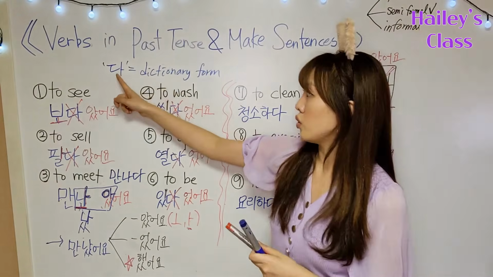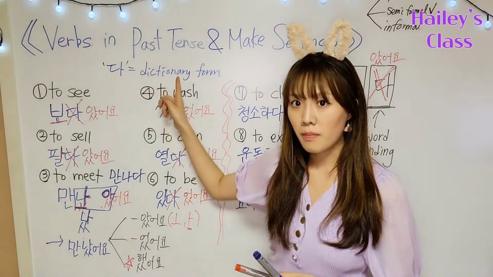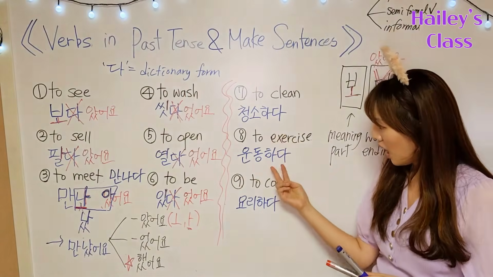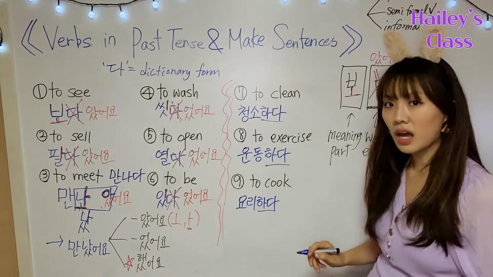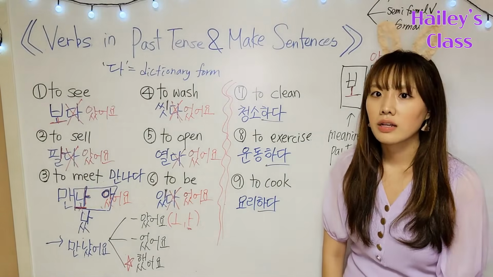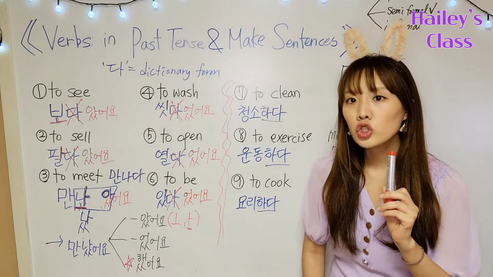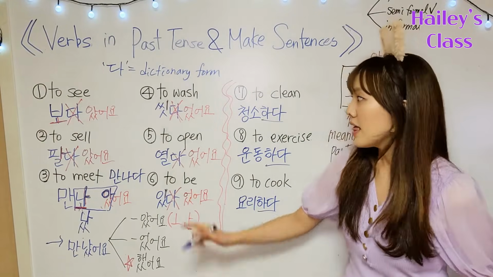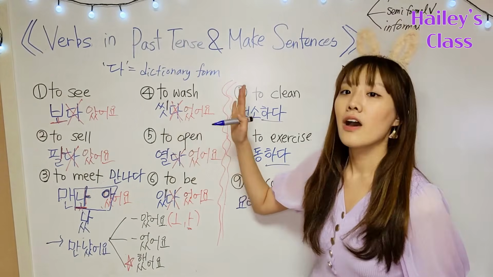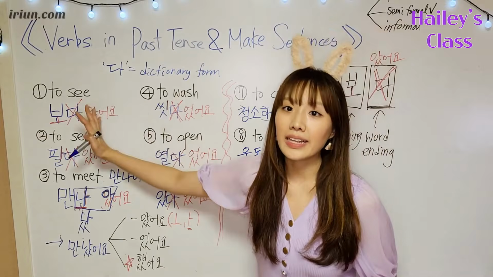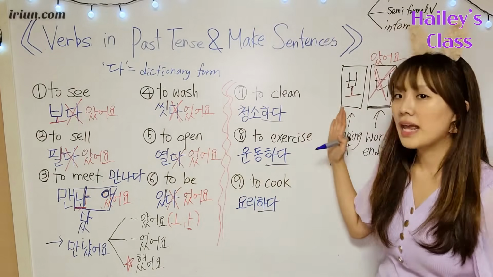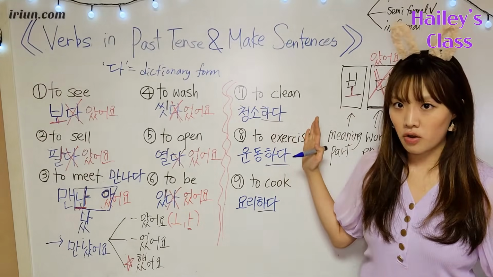So I told you, ta is the dictionary form. But there is hada, right? Hada. Oh my god. Okay, so there are 2 types of verbs. These are the dictionary form verbs that finish with da, but this one ends with the hada dictionary form.